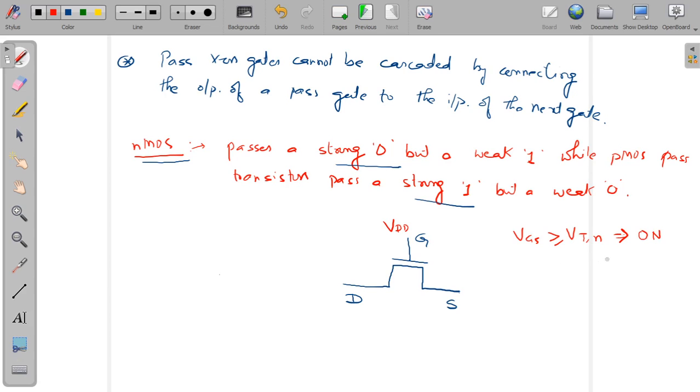If it is not satisfying this condition, that means this NMOS is basically switched off, right? Now if it is switched on, it can be in the linear region or it can be in the saturation region, right? That is one thing.